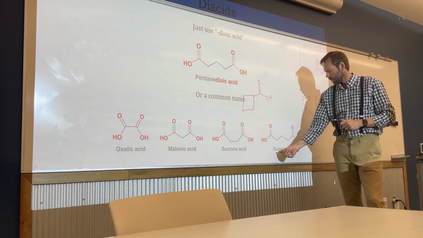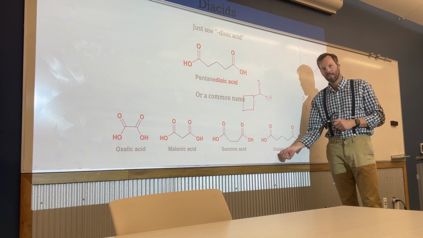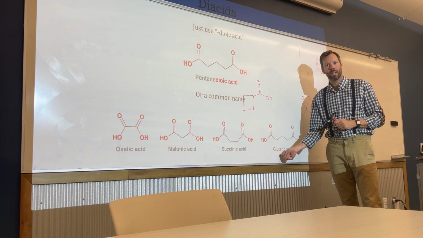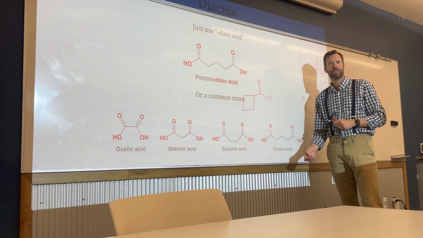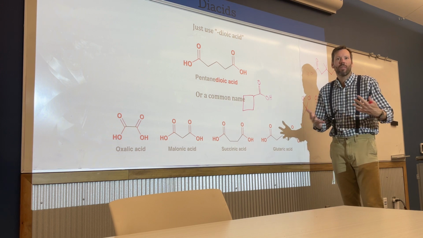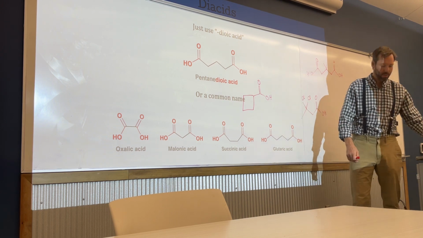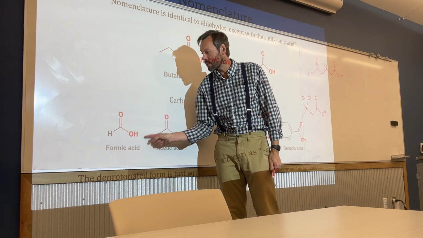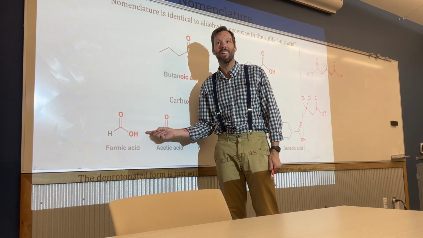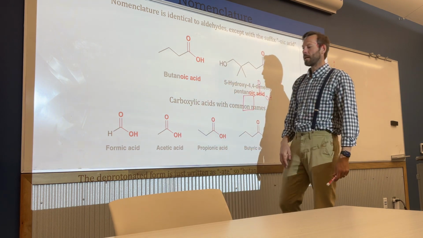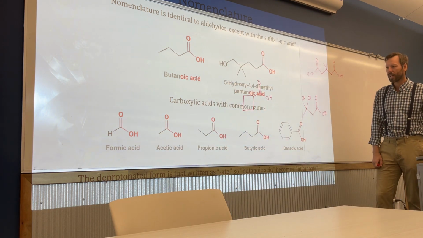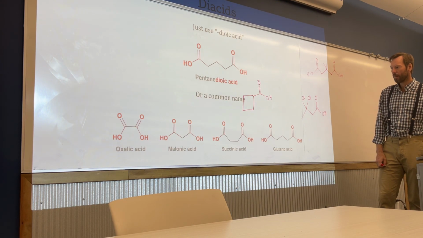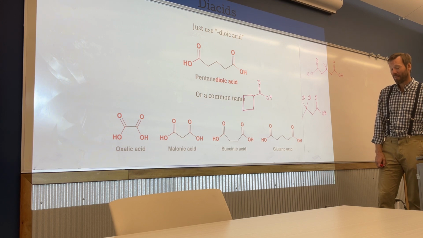I'm sure glutar has some Latin derivation, just like formic comes from ant, but nothing about this screams out ant to me, right? That's the problem. It had a name before they knew the structure.